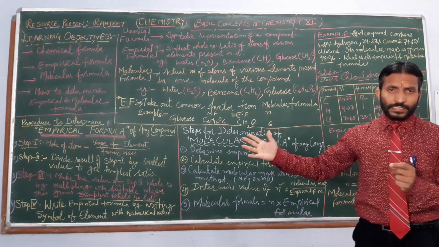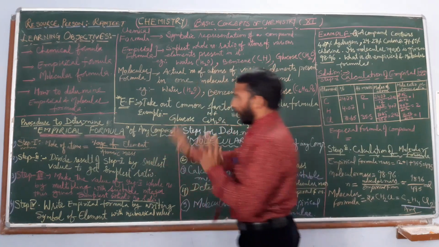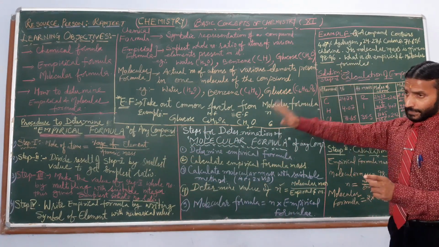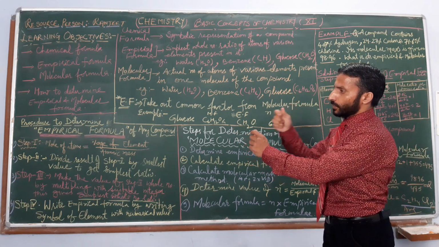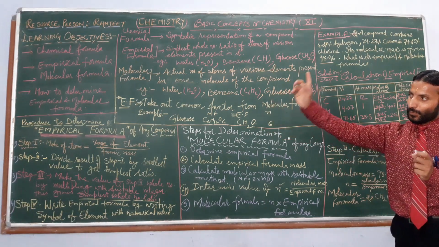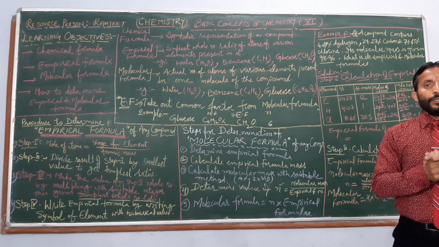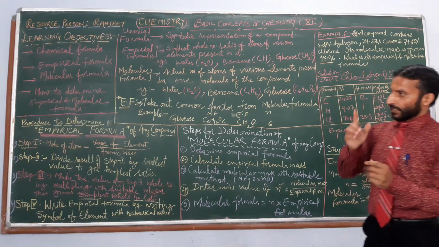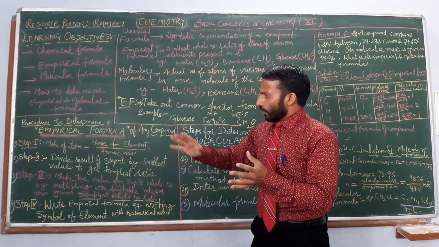Okay, we will come to understand the various steps by solving one numerical side by side. I will correlate both of them so that it becomes easy to digest the concept of how to determine empirical and molecular formula. Alright, let us start. First, empirical formula of any compound.